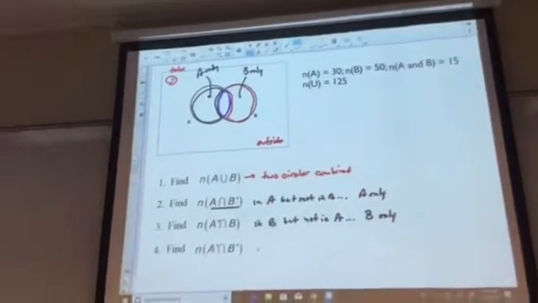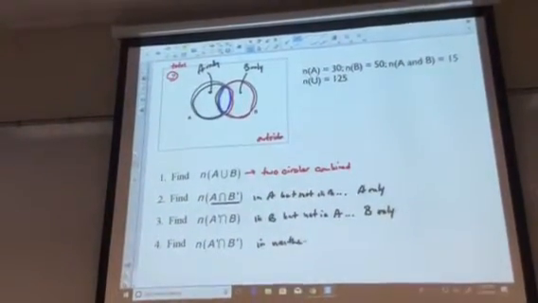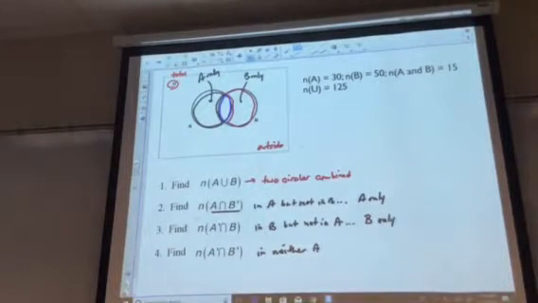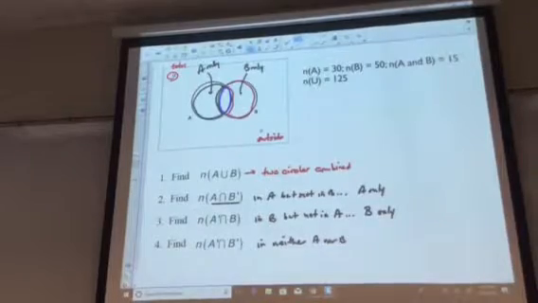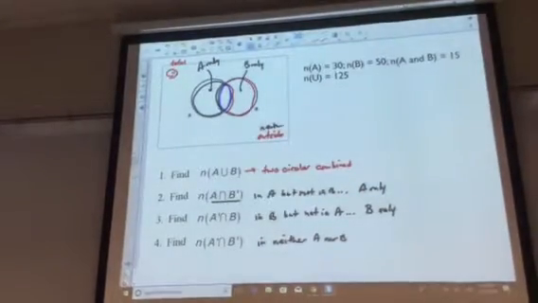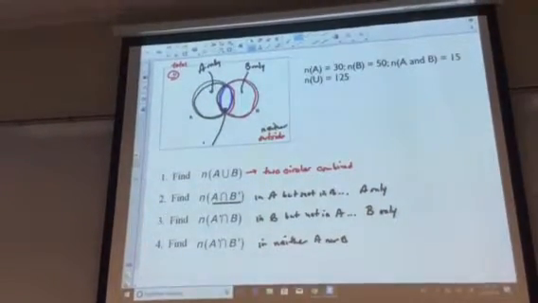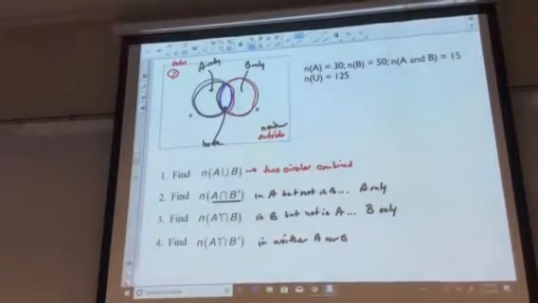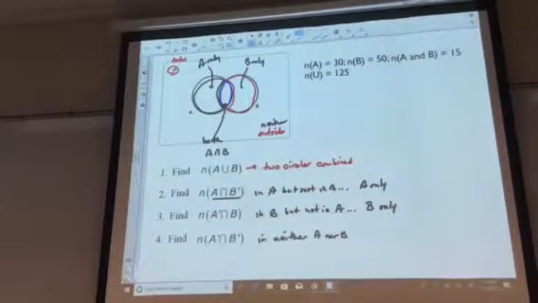And this says it's in neither A nor B. So that's another way to be able to talk about the outside section. And the inside section in here would be both. And that would be where we would see A and B at the same time.